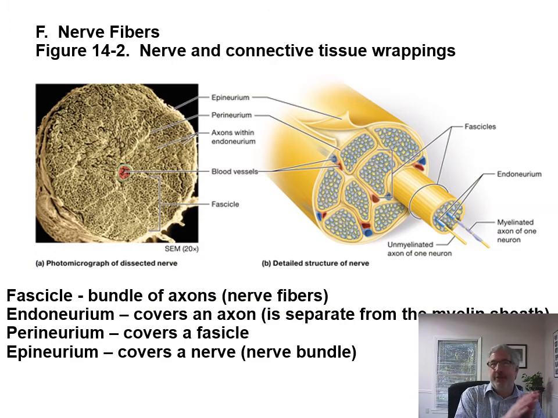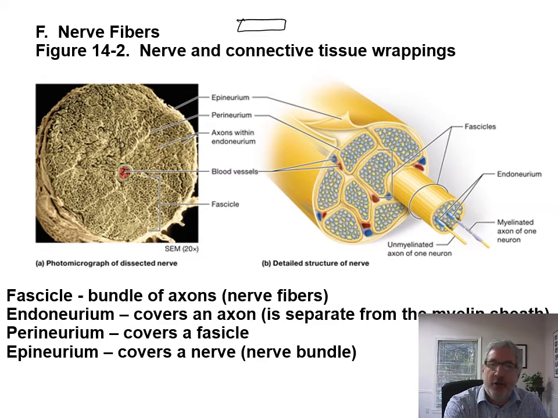Okay, so you have axons, and they're wrapped in Schwann cells in the peripheral nervous system. But people talk about nerves and nerve fibers. So what's a nerve and what's a nerve fiber? Well, a nerve fiber is a single axon wrapped with Schwann cells.